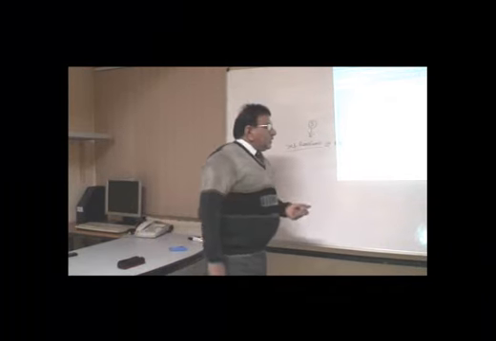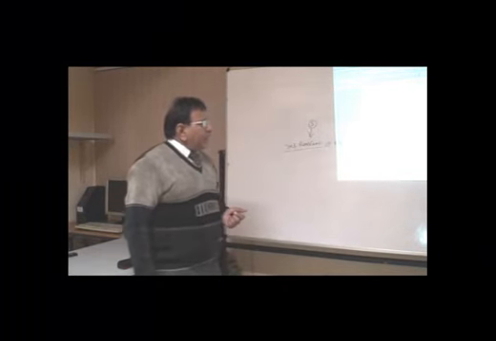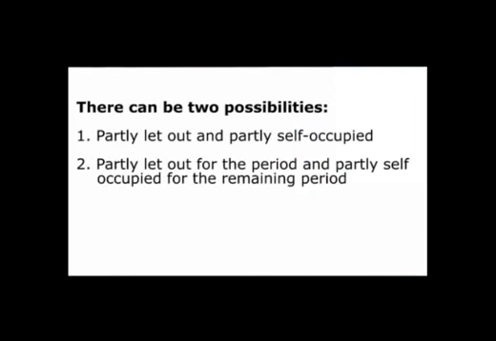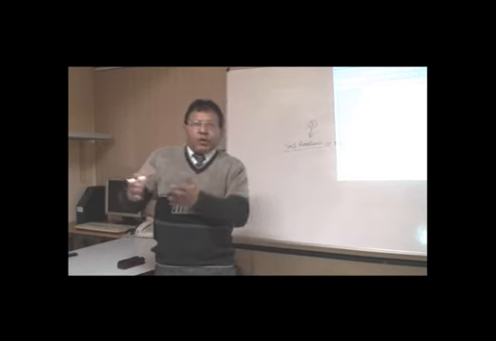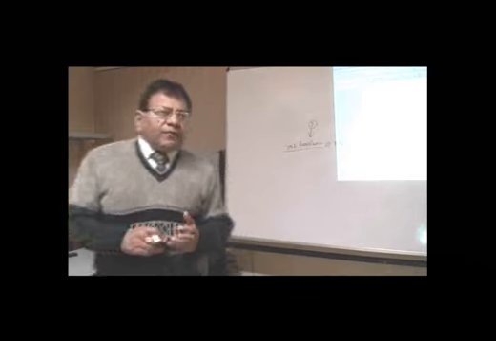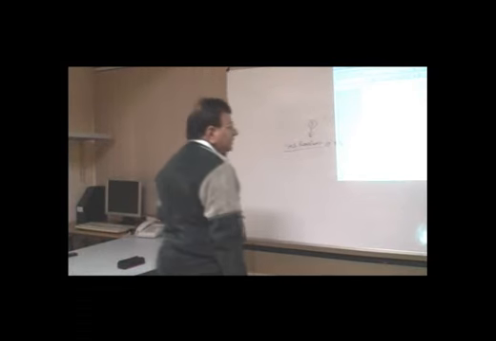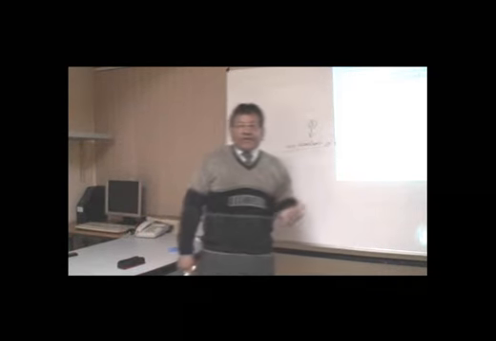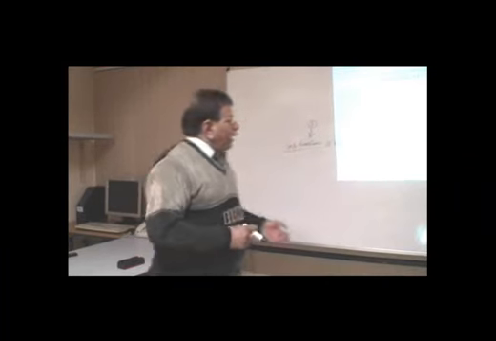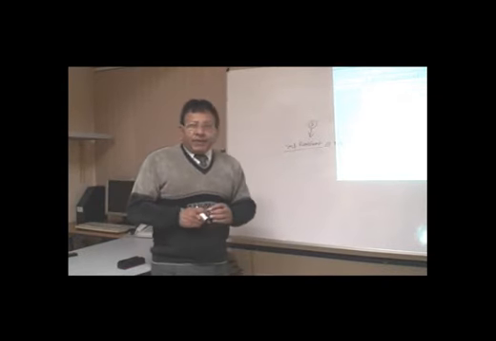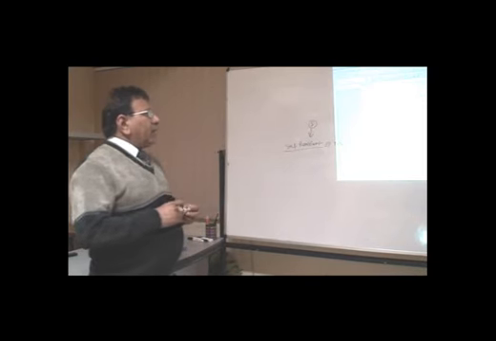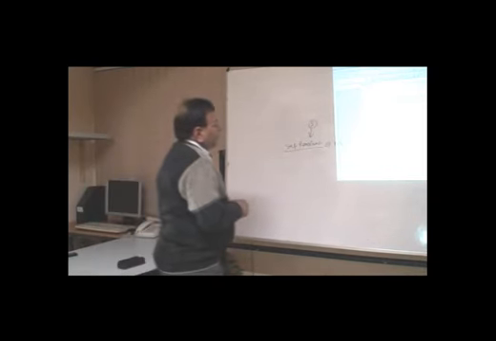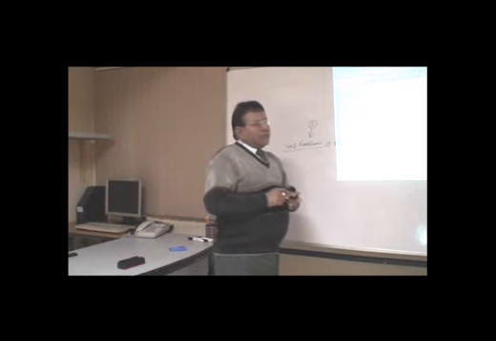The second is that the house is let out for a period and self-occupied for the remaining period. A person may have a house that for a particular period has been let out, and for the rest of the period is occupied by him for self-residence. So these 2 possibilities fall under this category of residential property let out for part of the year and occupied for self-residence for the rest.